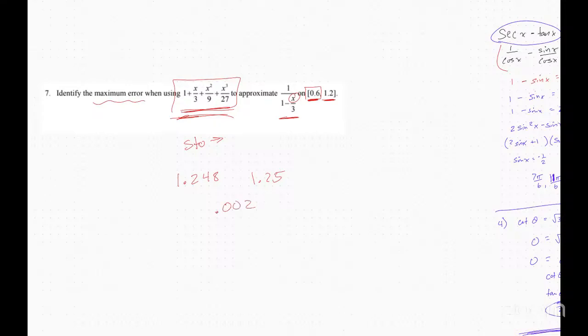So that's for when x was 0.6. Okay, for 1.2 the sequence would be 1.624. And the equation would be 1.666 continuing. Subtract them, and what do you get?